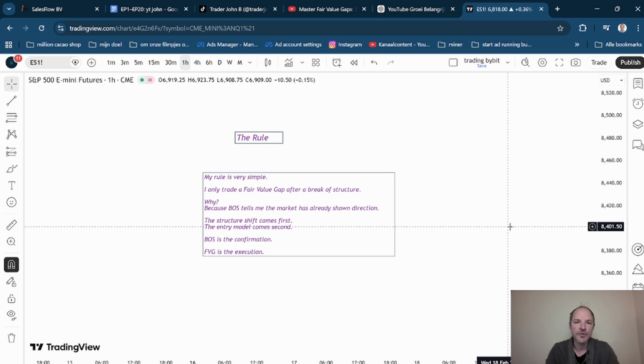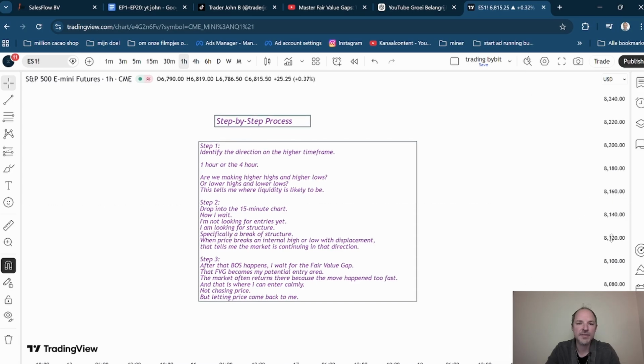The structure is first formed and afterwards comes our entry. The break of structure is a confirmation that the market is continuing in a certain direction. The fair value gap is our execution. We use it for our entry. It's a step-by-step process, and I'll explain it very easily.